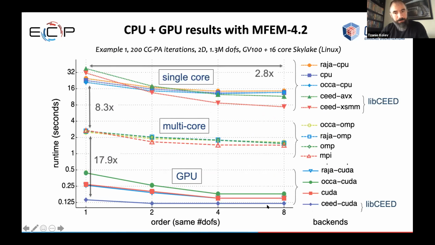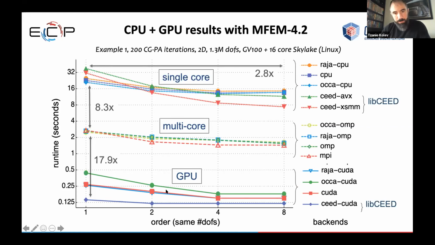And as you can see, we have 3 sets of backends here, single core ones. So this is a single thread. And the best one here, these are the Seed developed ones. Multi-core that use MPI or OpenMP. These are about an order of magnitude faster on this machine. This uses a 16-core Skylake CPU.